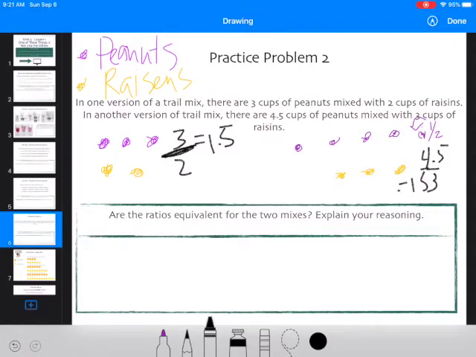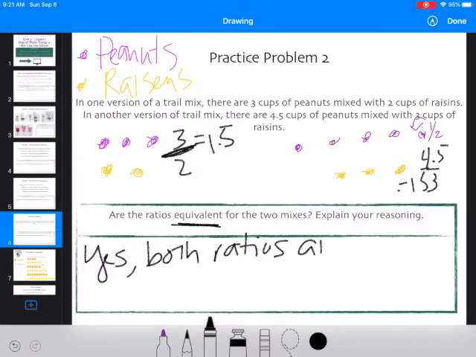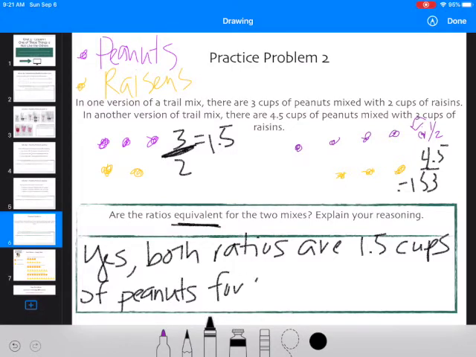So, are these 2 ratios equivalent? Yes. Both ratios are 1.5 cups of peanuts for 1 cup of raisins.